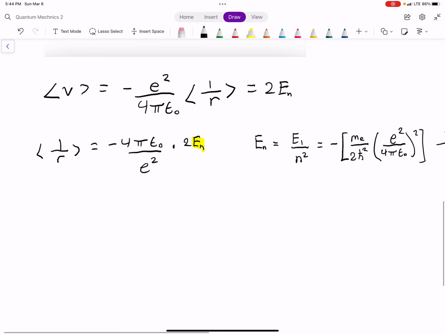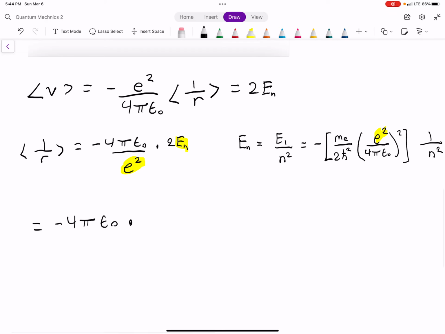So minus 4 pi epsilon naught. Right off the bat, this e squared will cancel with one of these e squareds. That's squared, so that's really e to the 4th, so we'll be left with an e squared. So times a minus m sub e.